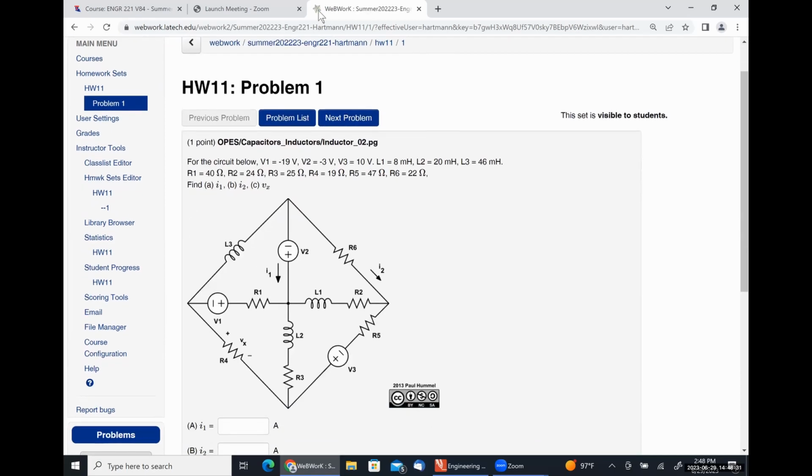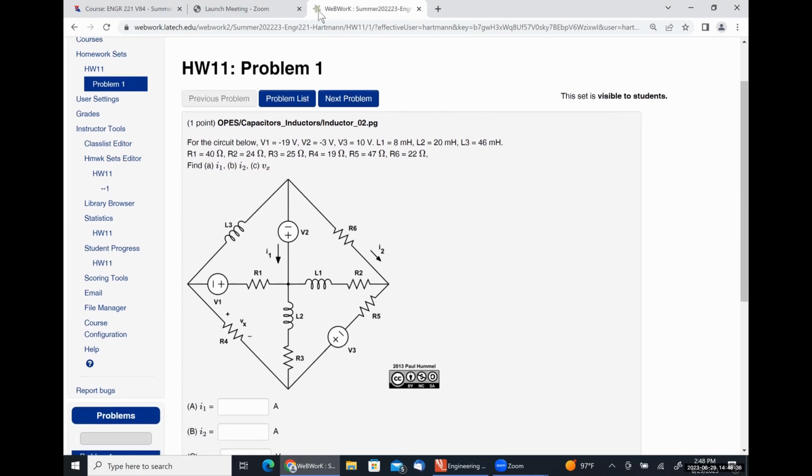So this problem right here, I want to start by saying it looks terrible, but if you notice, all of the voltage sources are given as DC quantities, which means this is a DC circuit. So for this particular problem, you should just treat every single one of those inductors like a short circuit, and then this is nothing more than a nodal or mesh problem that you've been doing for a couple of weeks at this point.